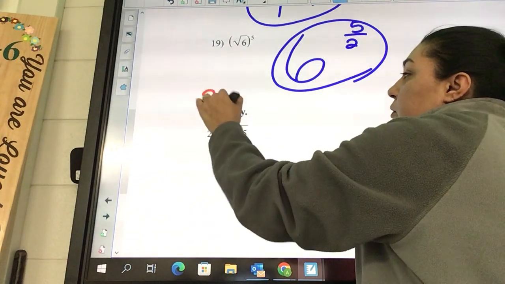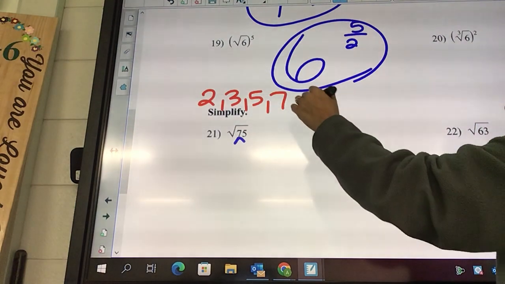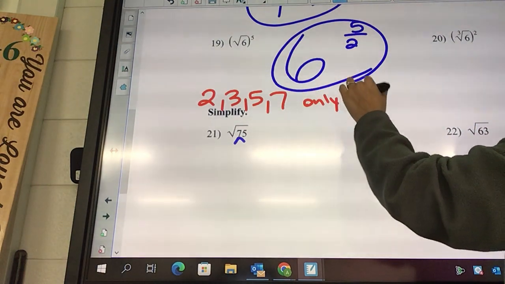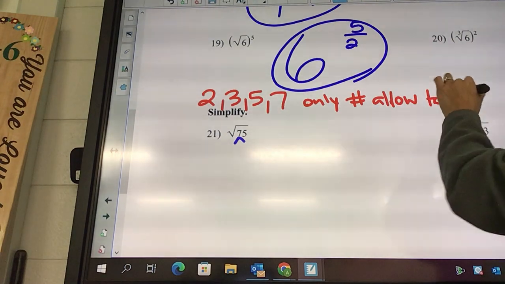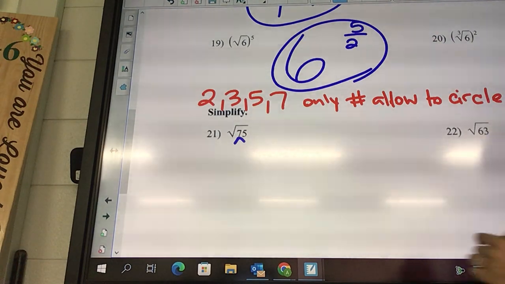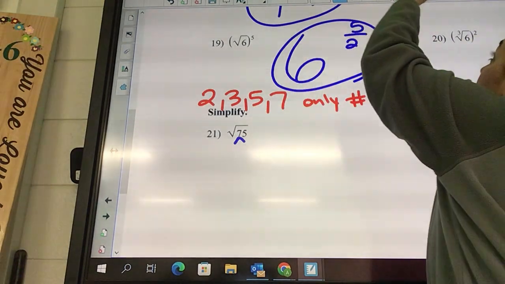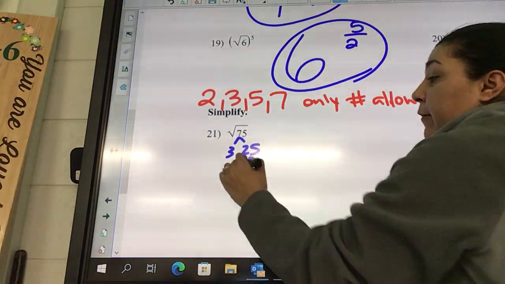2, 3, 5, and 7. Okay, those are the only numbers allowed to circle, okay, or group. Okay, so we got 3 and 25. 25. 5 and 5.